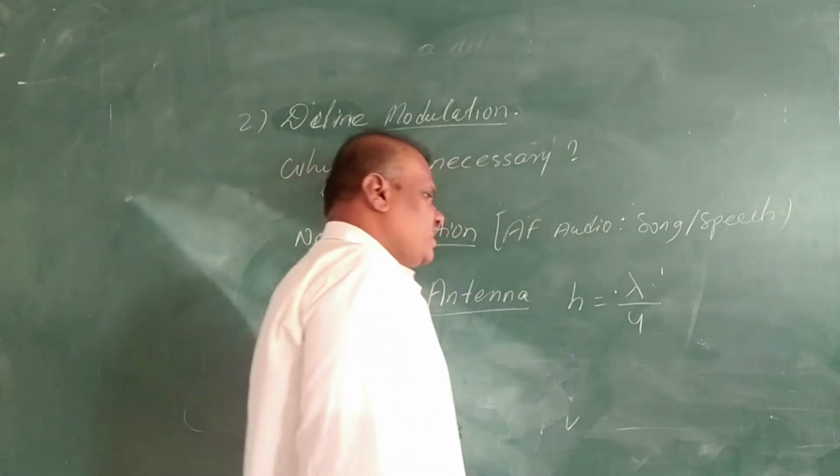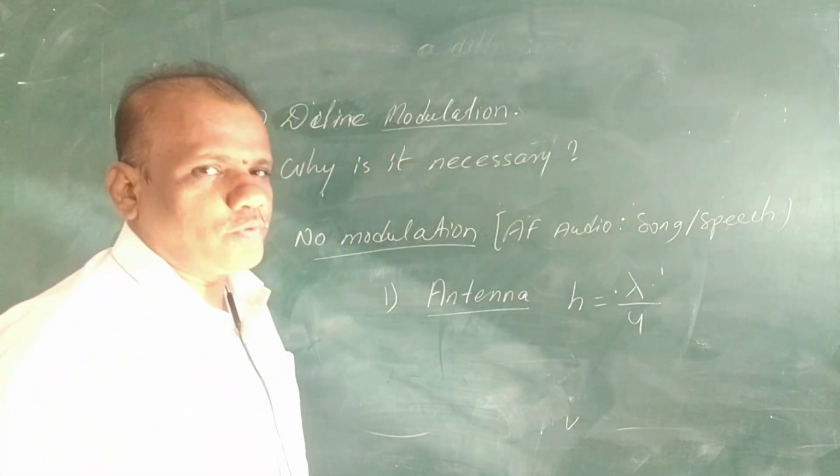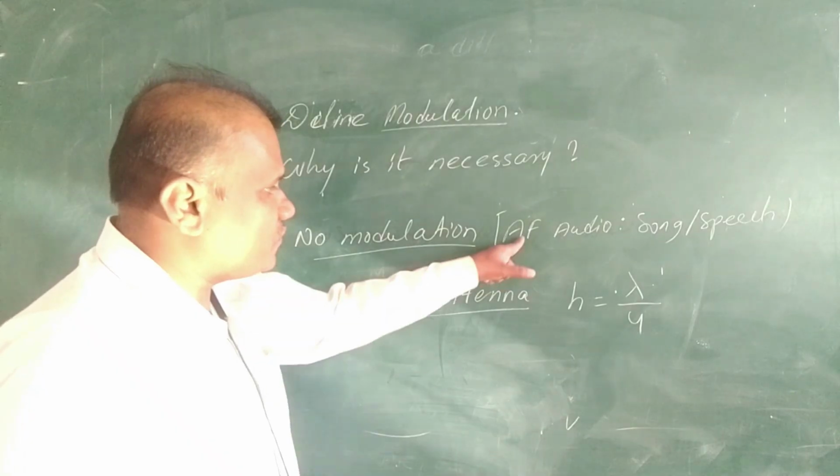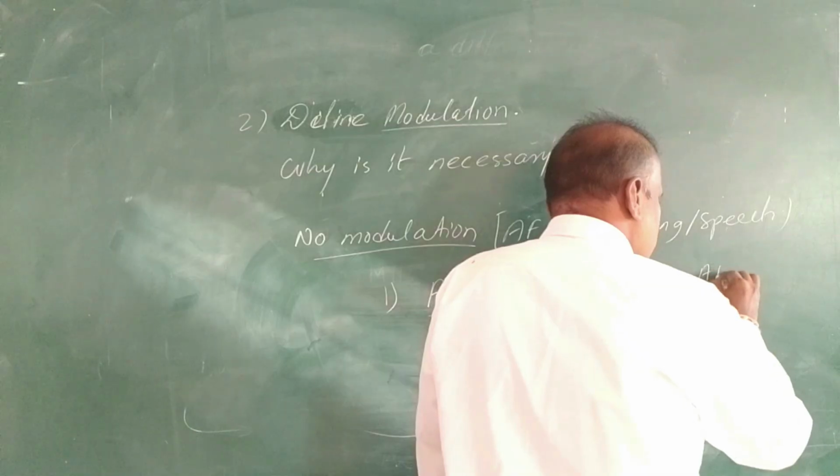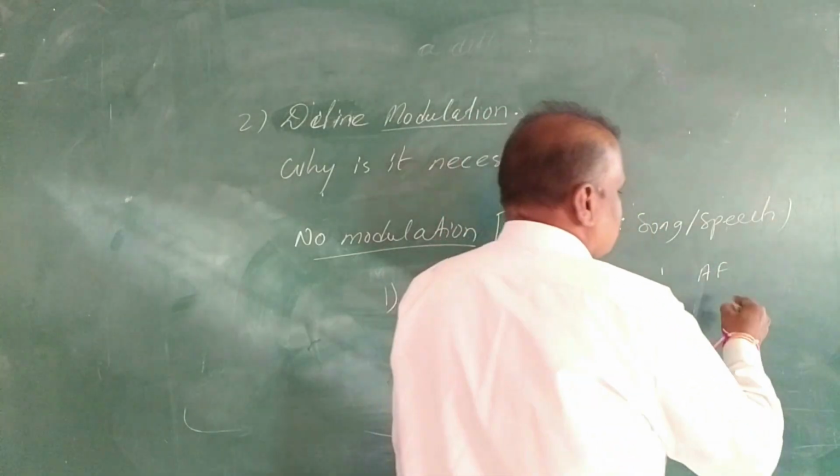So the height of the antenna is nearly lambda by 4, where lambda is the wavelength of the audio signal.